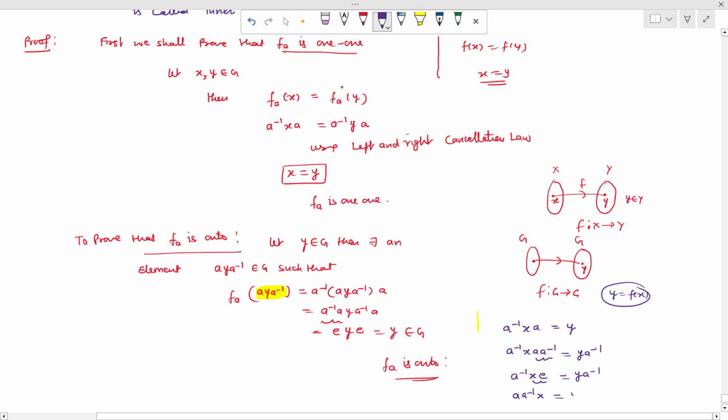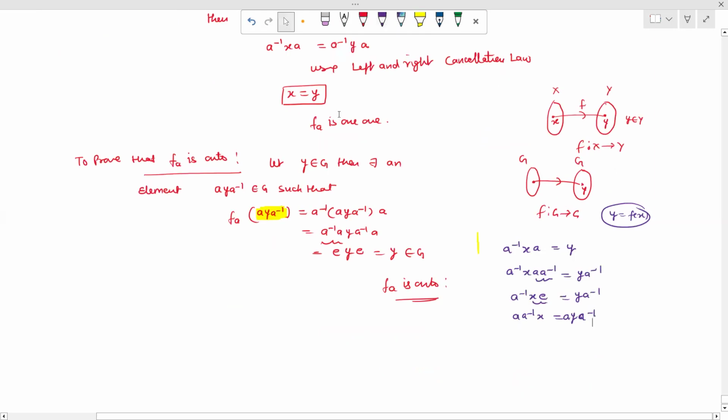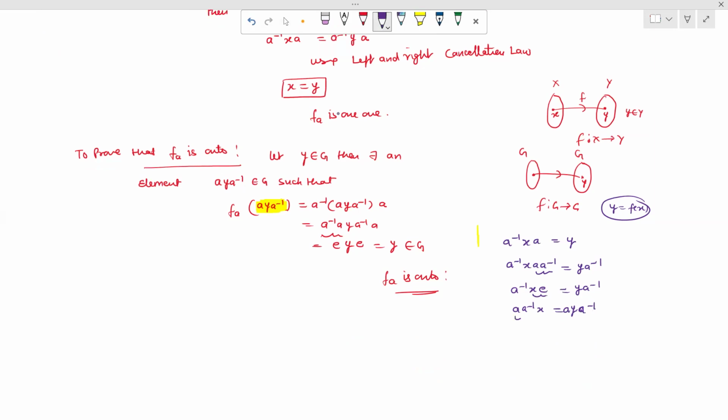So we can write down this as y, pre-multiplied by a, into a inverse. So a inverse into a is also identity. So e into x is equal to a y a inverse. So e into x equal to x. So x equal to a y a inverse. So that's why we write down this as a y into a inverse.